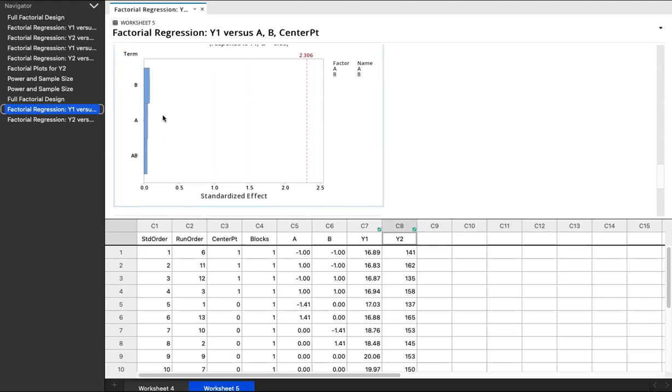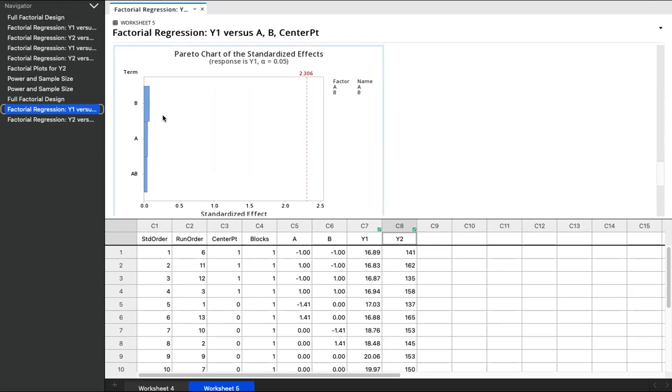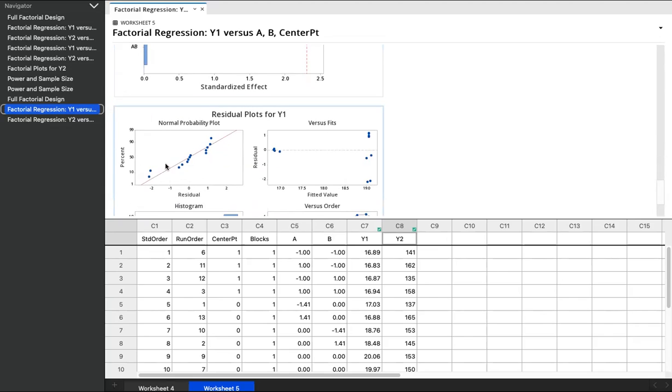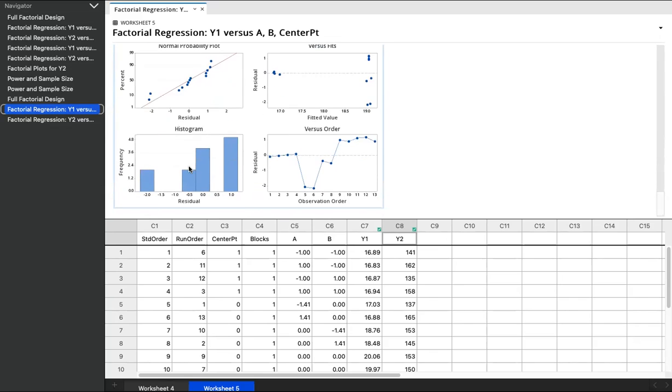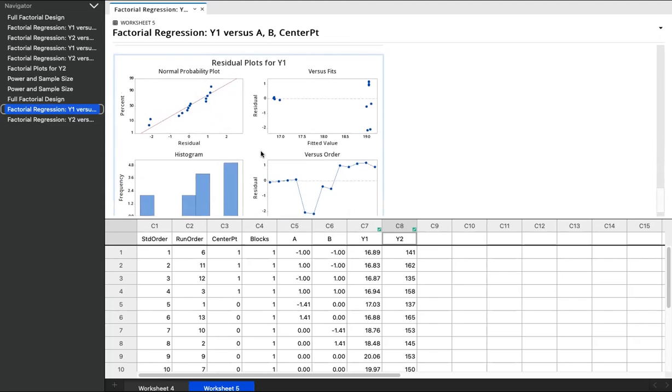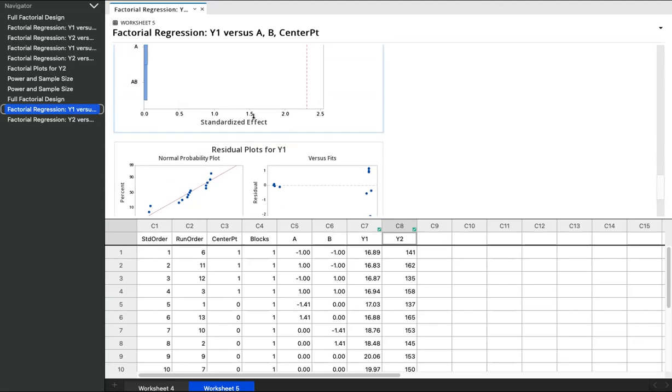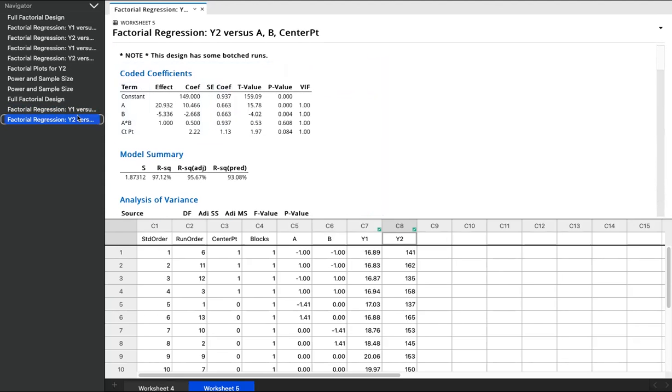We can see that they are not significant on the Pareto. We can see almost linear behavior, but this is almost unusual in the response. Let's see the other one.